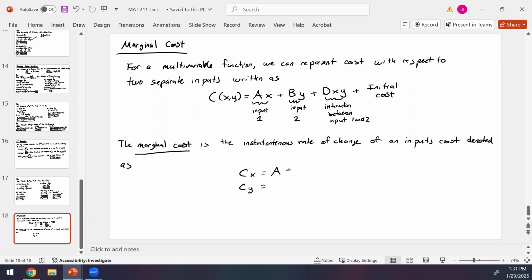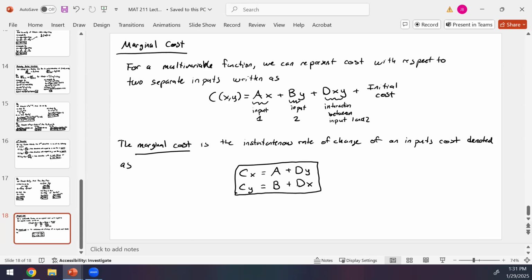And then the derivative of dxy would become dy, because x becomes 1. And then for cy, ax becomes 0, then we get b plus dx. And then the initial cost in both cases is 0. So this is actually the equations of your marginal cost, if it's that type of equation.